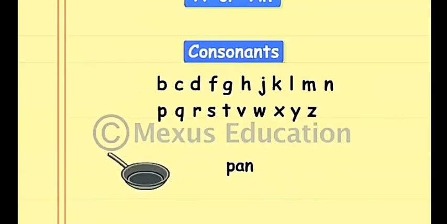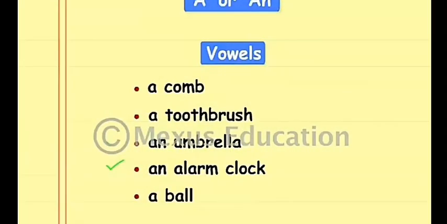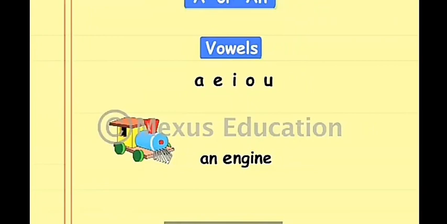V, a van. W, a watch. X, a xylophone. Y, a yacht. And Z, a zebra. So whenever I write words from the consonants, I use a. Whereas whenever I write words from the vowels A, E, I, O, U, I use an.